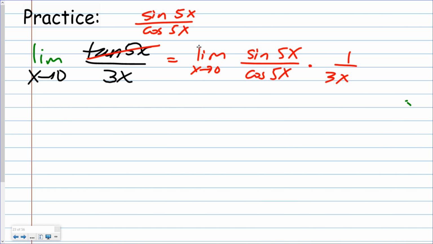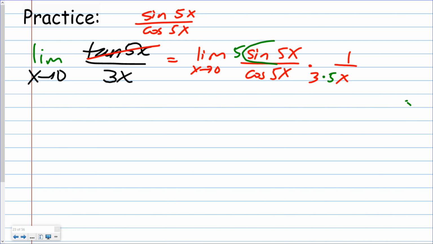Kind of. I have a 5x here. What do I need on the bottom? A 5, right? Because I already have an x. So let me just move this 3 over and put a 5x. If I multiply the top by 5, I haven't changed the value of the algebraic expression.